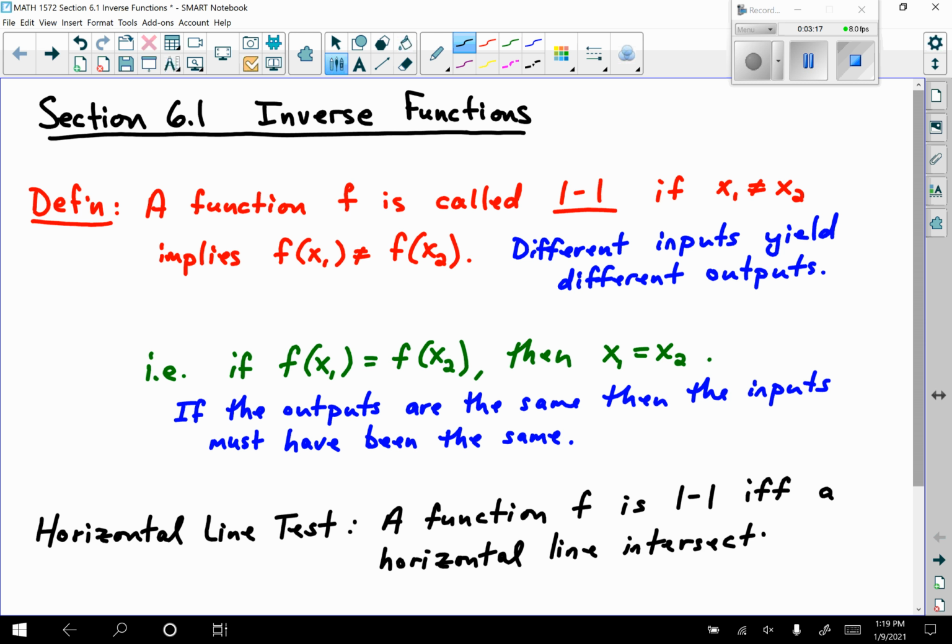So graphically, this is how we could tell.